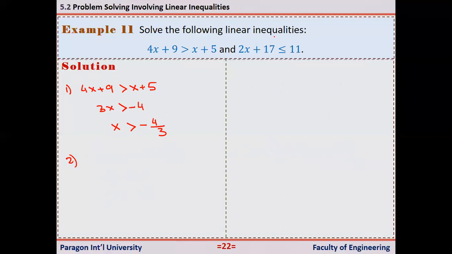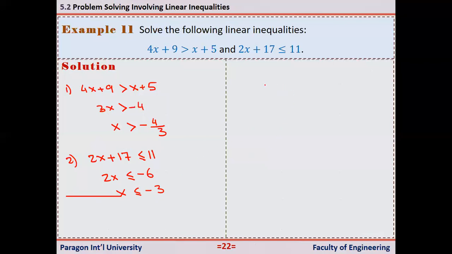Step 2, we need to solve the second inequality. 2x plus 17 is less than or equal to 11. So 2x less than or equal to 11 minus 17, that is -6. So divide by 2, and here we have -3.